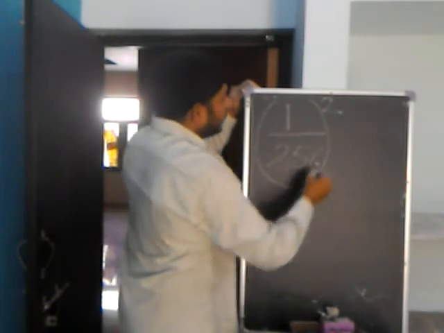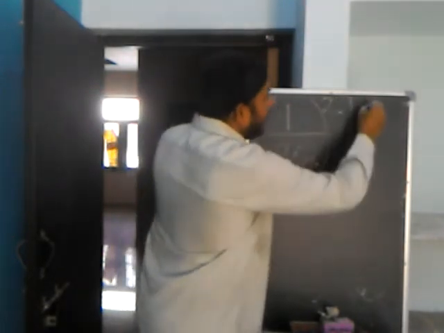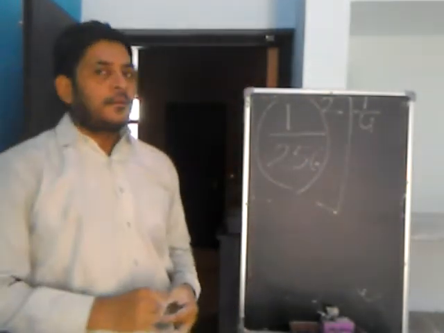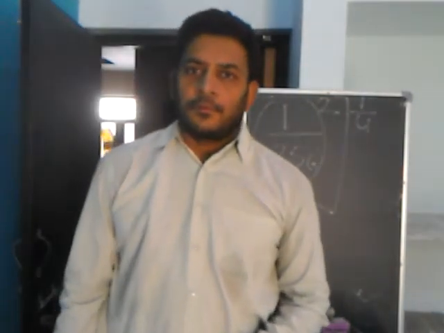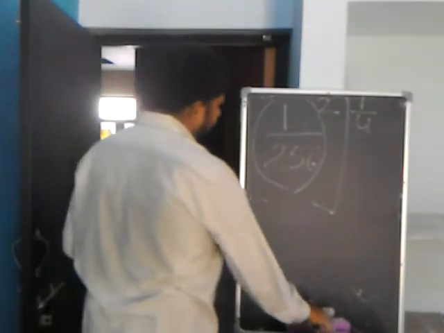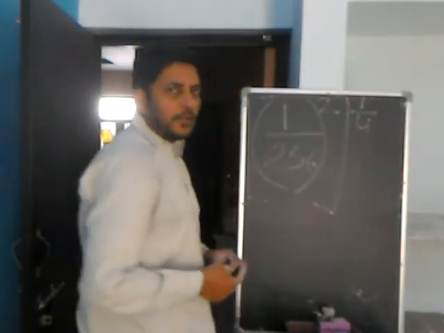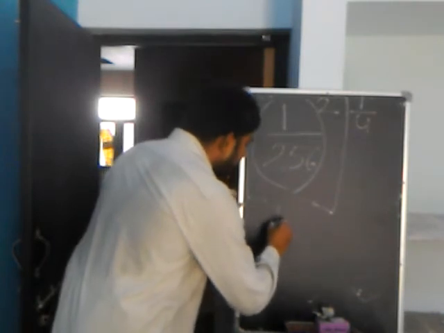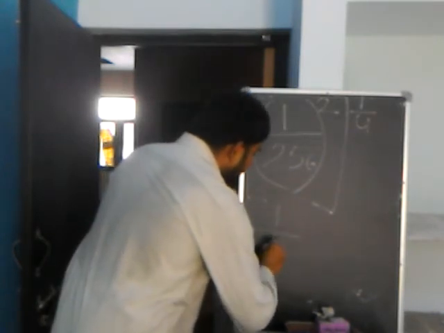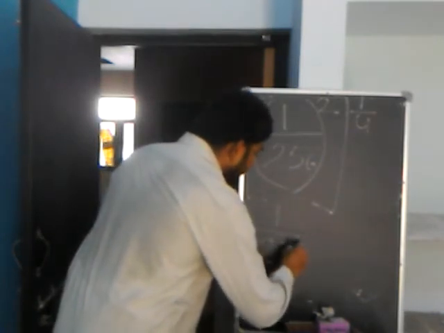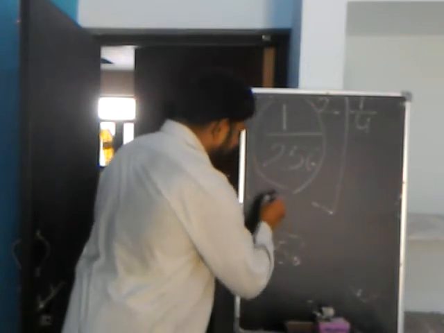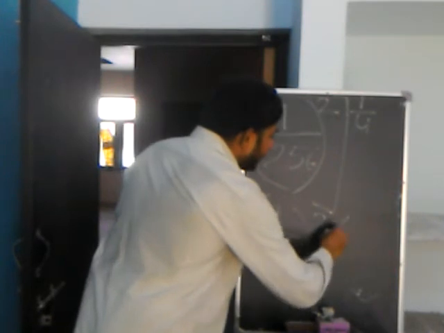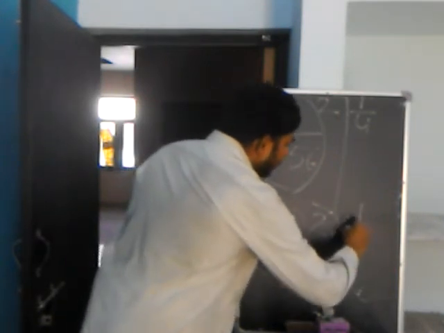Out of this, our second power, that is 1 by 4. Now I will solve it. Open the bracket. I got 1 upon 256, 2 into 1 by 4.